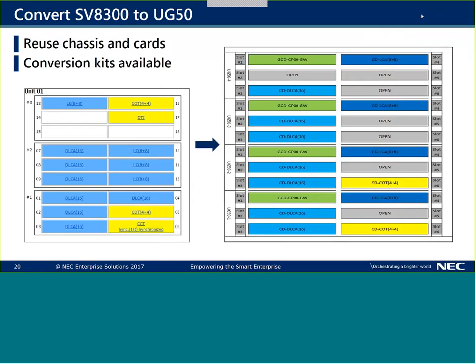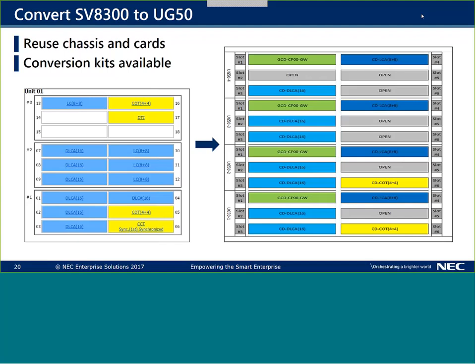The other great feature that NEC has made available is the fact that we can convert the SV8300 chassis and cards into a UG50, and that's what we're showing here. On the left-hand side, we have 3 shelves of an SV8300 that contains a mixture of digital, analog cards, and trunk cards.